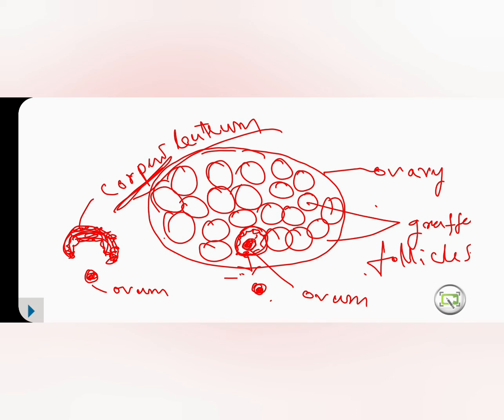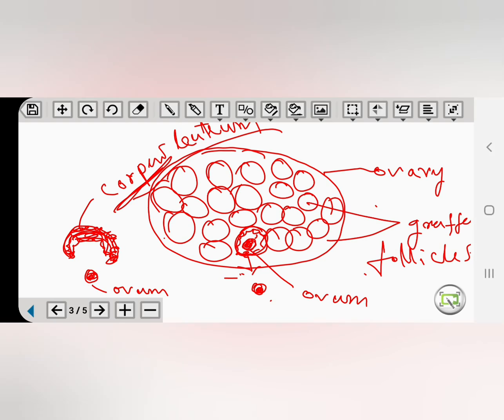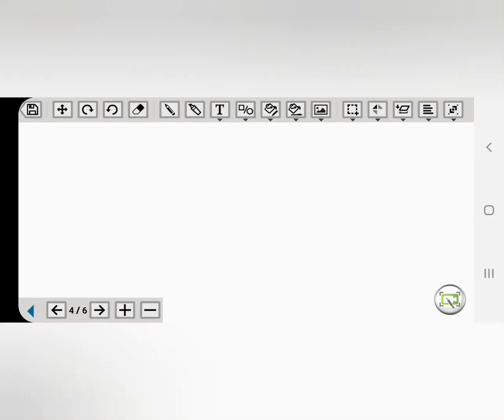And next, if we come to fallopian tubes, a pair of tubes are present which are close to the ovary. Suppose this is the ovary, close to the ovary, fallopian tubes are present. If you observe the fallopian tube, the terminal part contains many finger-like structures. These finger-like structures are called fimbriae.